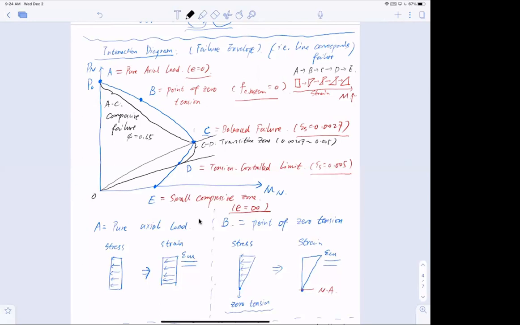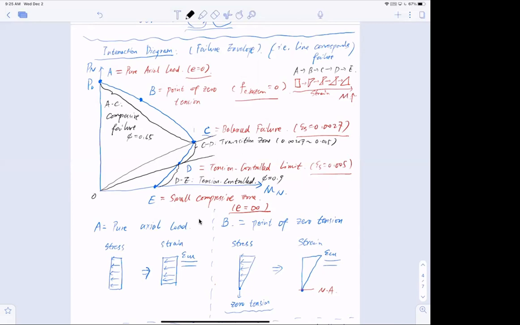And now D to E is the so-called tension controlled failure, and phi equals 0.9, remember? Now we're complete.